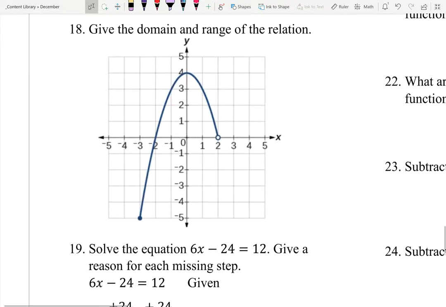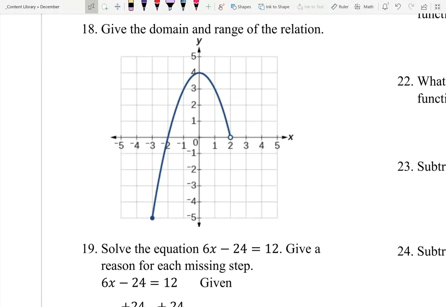Give domain and range. So the domain of this one, remember, is how far left and right this goes. Does not matter how far down or up it is. If we were to squeeze this whole thing flat, how much of this x-axis would it use? The furthest left it goes is negative 3, and the furthest right it goes is positive 2.